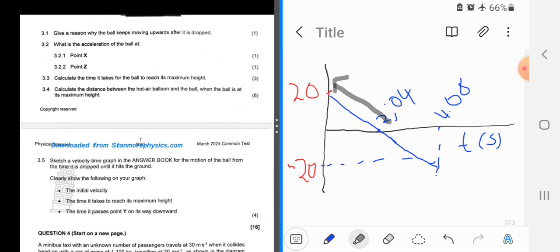All right, so the ball starts at 20 and it goes down like that. It takes 2.04 from the ground up. From the maximum height to the ground, it takes 2.04.